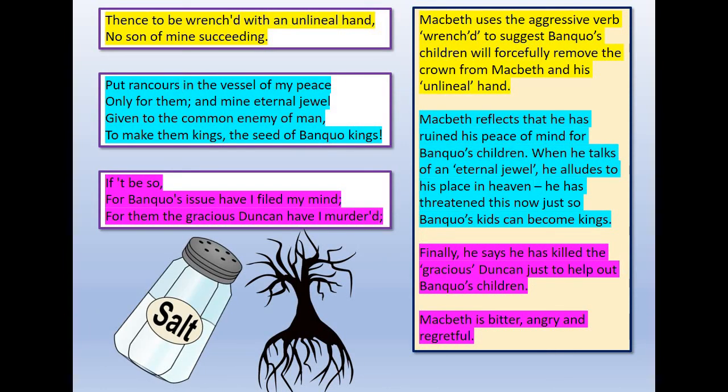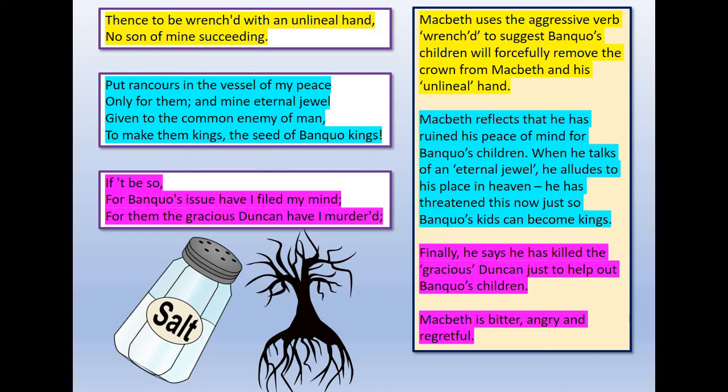And this builds and builds for even more sense of his frustration, his regret as his speech goes on. He says, "Thence to be wretched with an unlineal hand, no son of mine succeeding." Macbeth uses really aggressive verbs here, "wretched," to suggest Banquo's children will forcibly remove the crown from Macbeth and his unlineal hand.